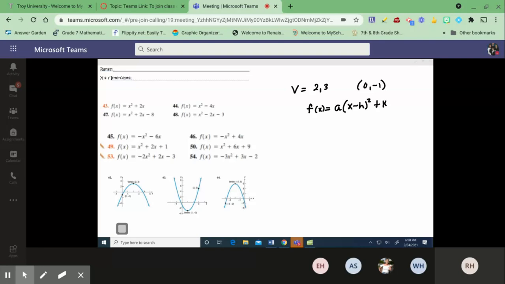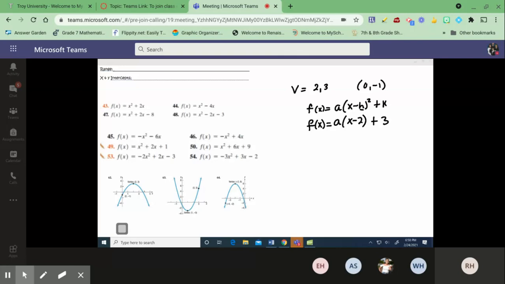So this f of x, that's my y, right? And what's my h? x minus 2. And my k is plus 3. And I still have too many variables to figure out what my a is, but can I replace some more of those variables with information I have?